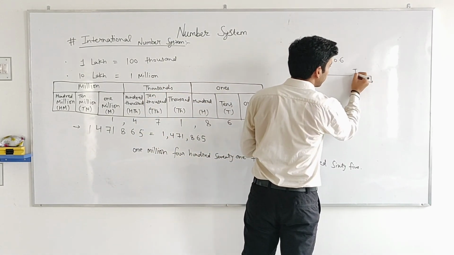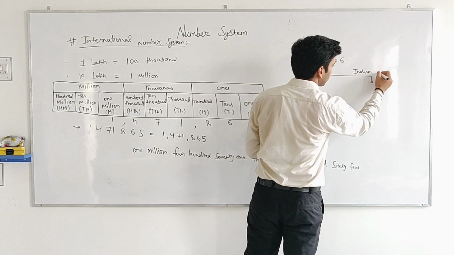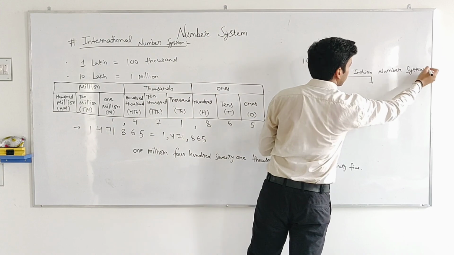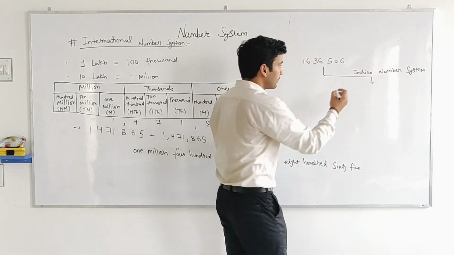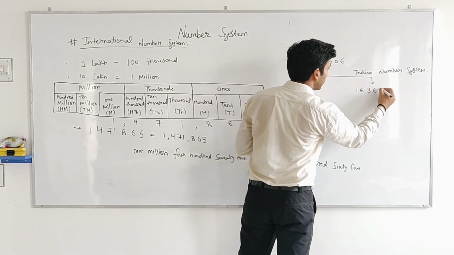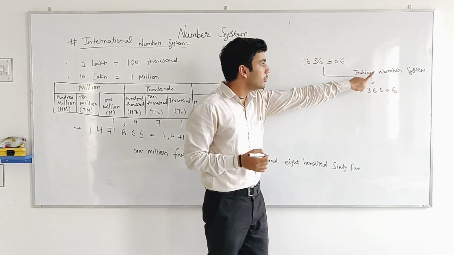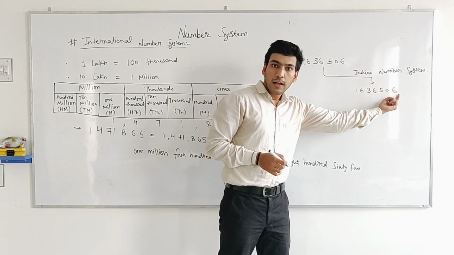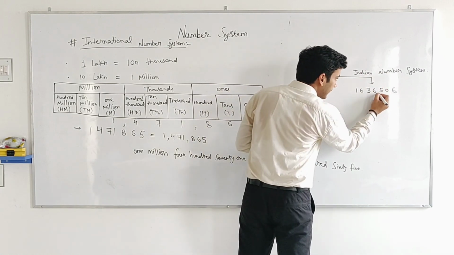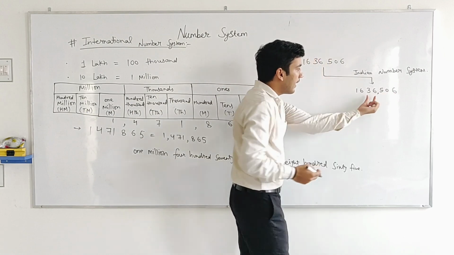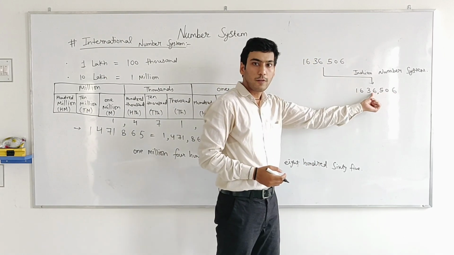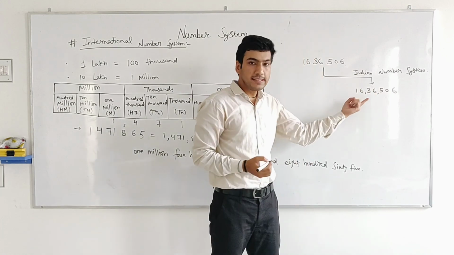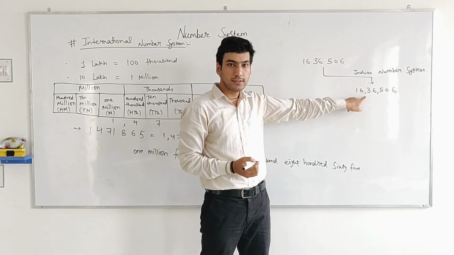In the Indian number system, how do I write this number? 1636506. You all know that in the Indian number system the first comma is after 3 digits, and after this comma you have to put commas after every 2 digits. So in this way you have to write this number in comma form.